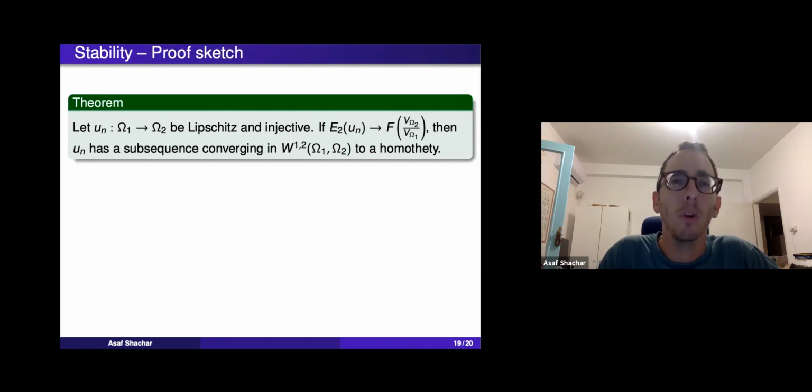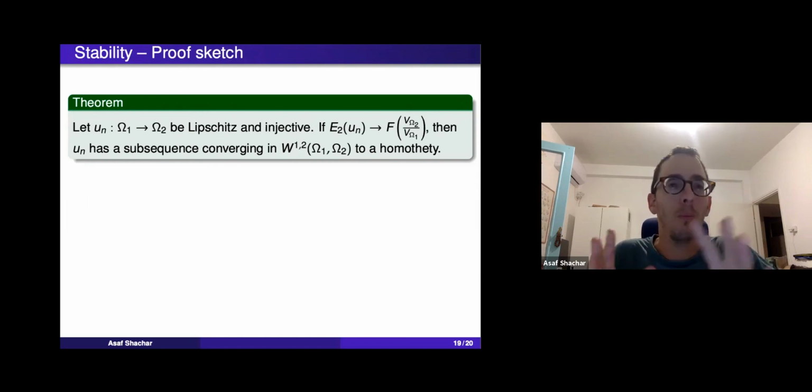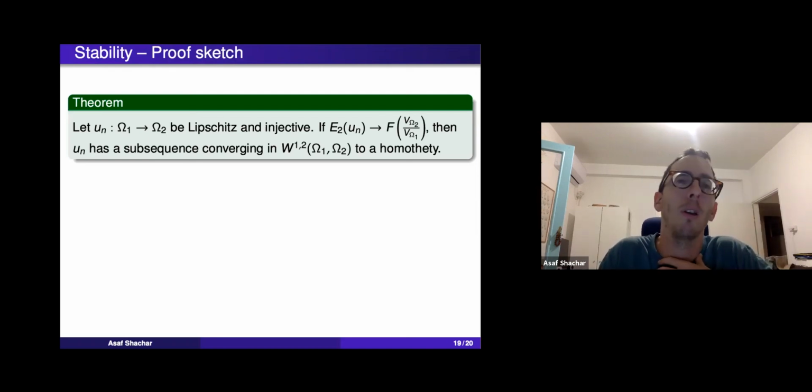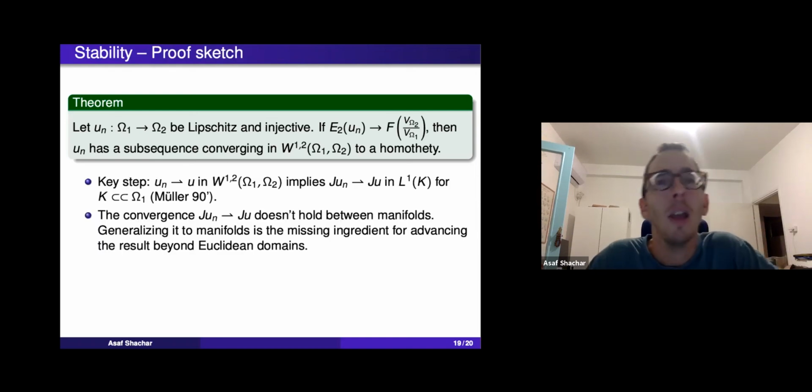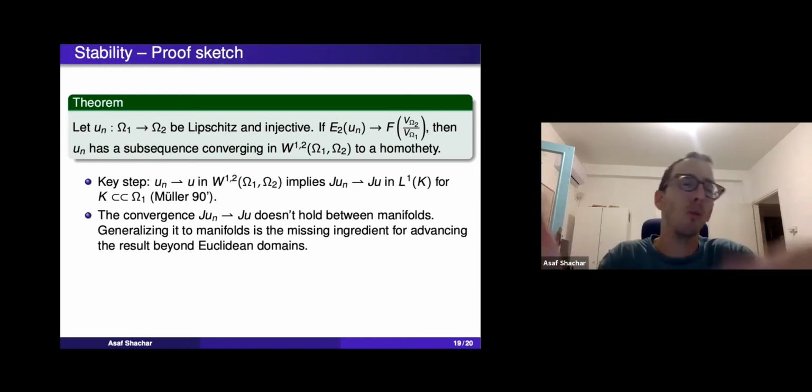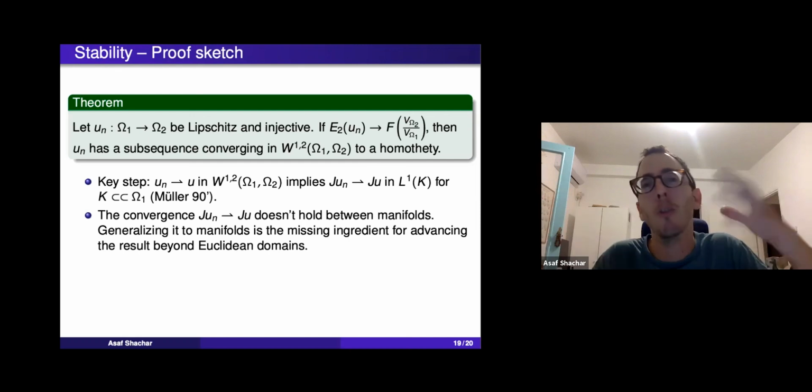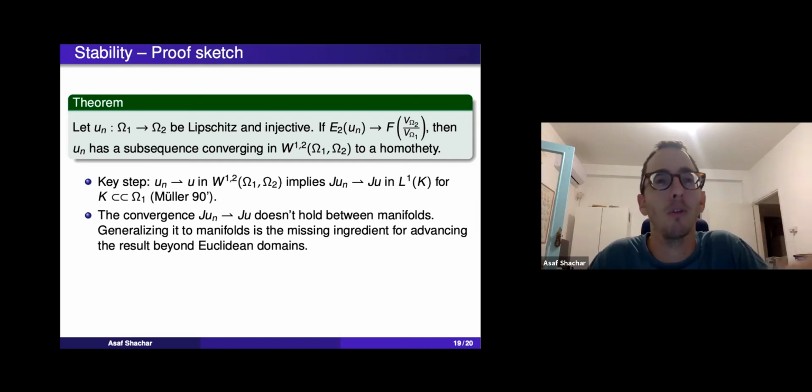Okay, so I just want to say a key component in the proof sketch of the stability result. Again, this is the statement: the energy converges, then there is a subsequence converging to a homothety. And the key step is that usually you use some weak compactness principles, and you get, of course, a subsequence which converges weakly to some map.